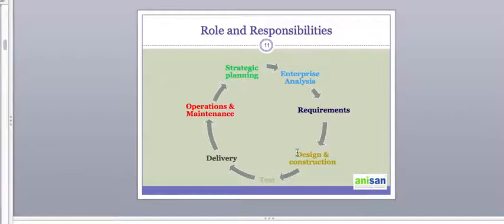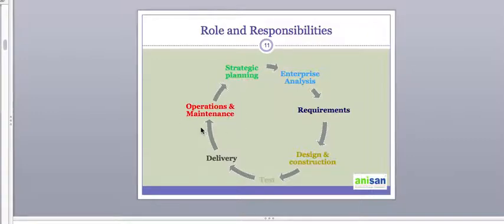From the requirement, we will design and construct the solution, and after that we test the solution, we coordinate with the testing team and ensure that the requirements have the minimum criteria to implement, and then we deliver the requirement in the business environment or the user environment, right? And once the solution is settled down after the initial issues, bugs and processes get resolved, then it goes into operation and maintenance.